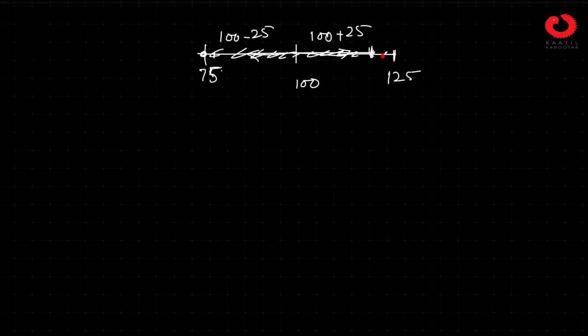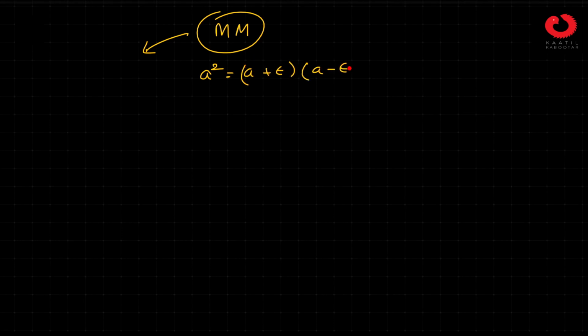Okay, so just summarizing everything up, what we have studied in today's class is the modified method. In the modified method, we have seen the application of a square as (a square plus epsilon), a plus epsilon, a minus epsilon plus epsilon square.